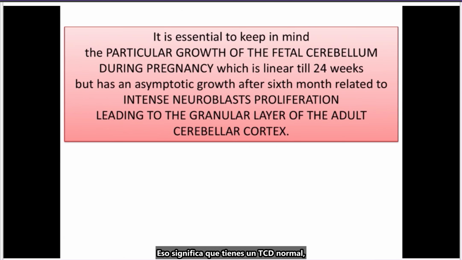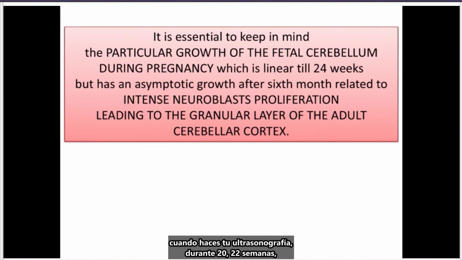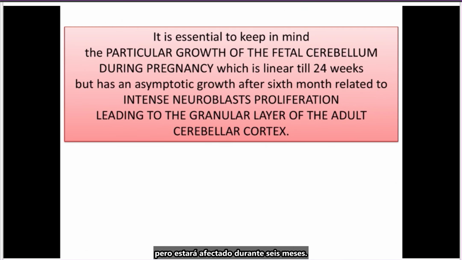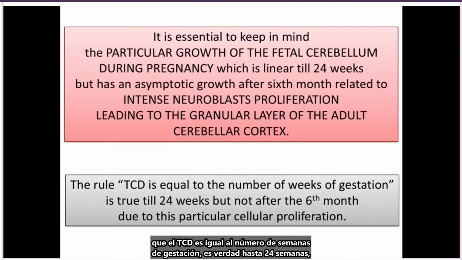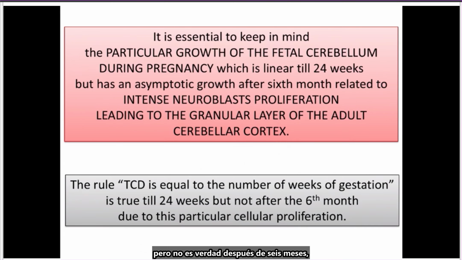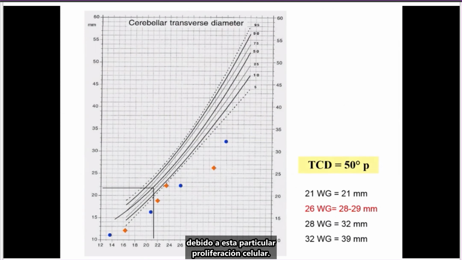That means that you have a normal TCD when you do your ultrasound at 22 weeks, but it will be affected at 6 months. That means that the rule that TCD is equal to the number of weeks of gestation is true till 24 weeks, but it's not true after 6 months due to this particular cellular proliferation.